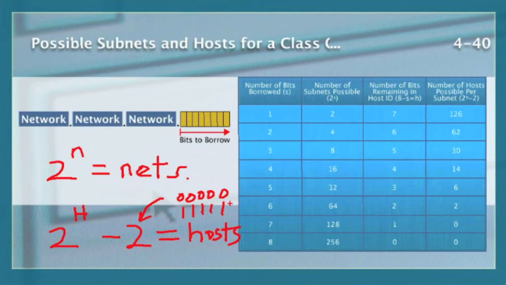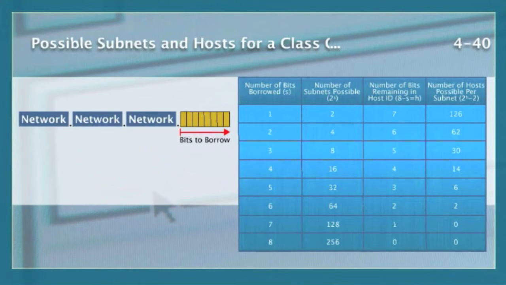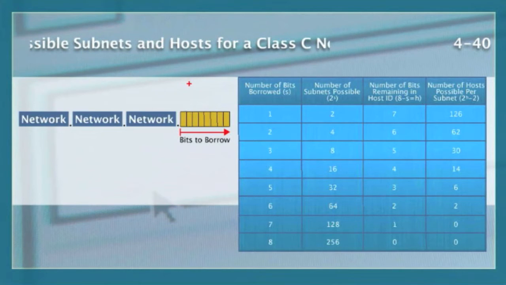So, let's look at some examples here. In a subnetting situation, what we do is we borrow bits from the network portion, and you can see this is a Class C example.